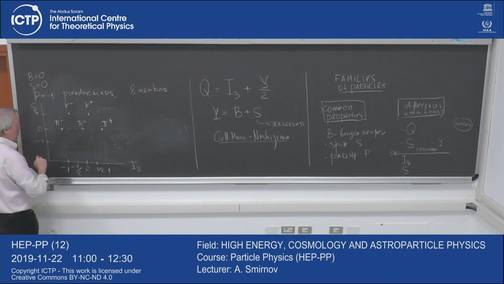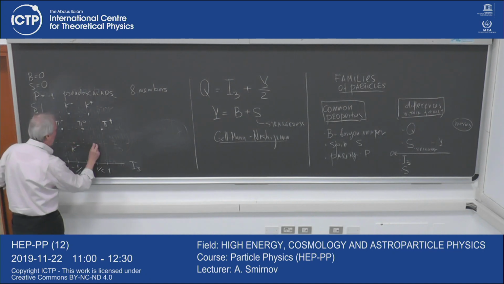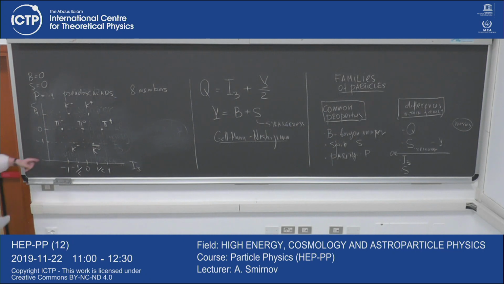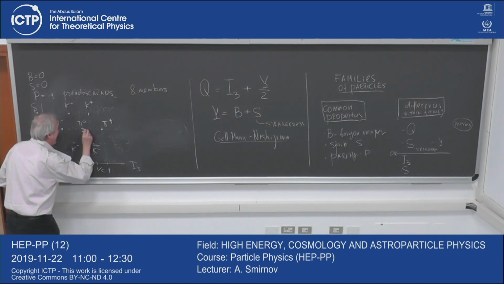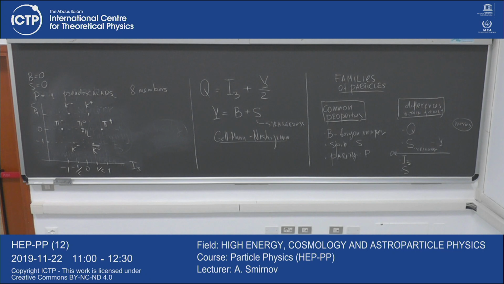These form an isospin triplet, and here what we put is K minus and K0 bar. So this is the antiparticle of this K0. We're missing one. What is missing is the eta meson, which is sitting here. It has 0 electric charge and 0 strangeness.